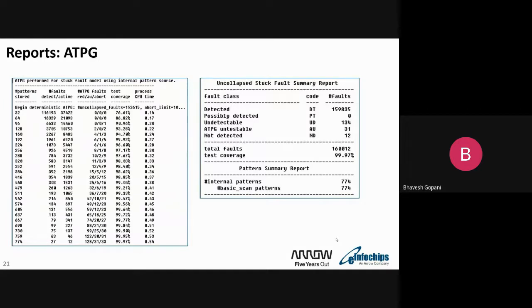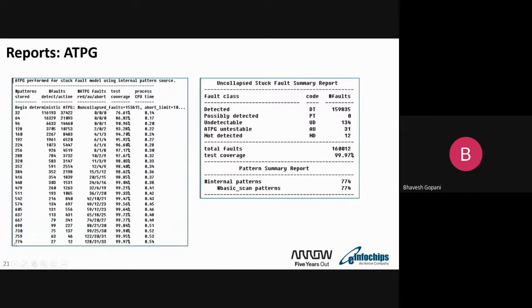This kind of report is normally printed. It shows that some patterns are generated, this many faults are detected, these are still active, redundant, AU, abort, test coverage is this much, and process time. This is one sample.